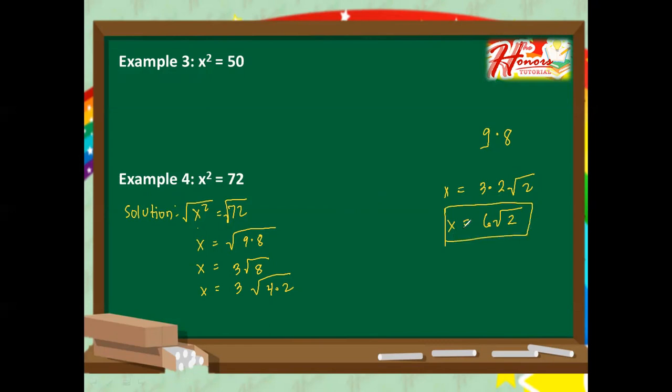So this is what I mean by you have to simplify again if you are going to use 9 times 8. It is because we can still factor out 8 to get the square root. Okay? But I will show you another method. Remember, the answer is 6 square root of 2.